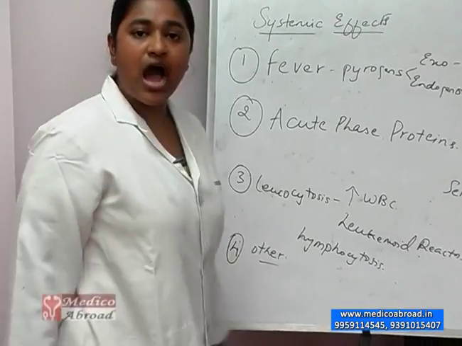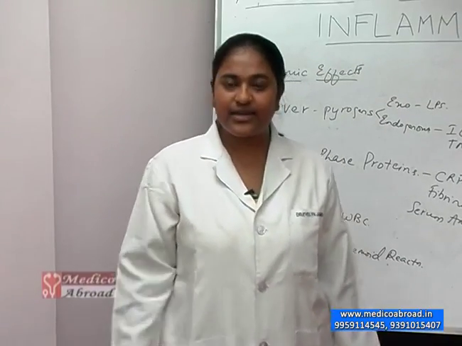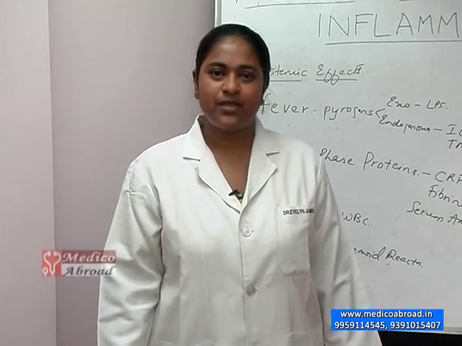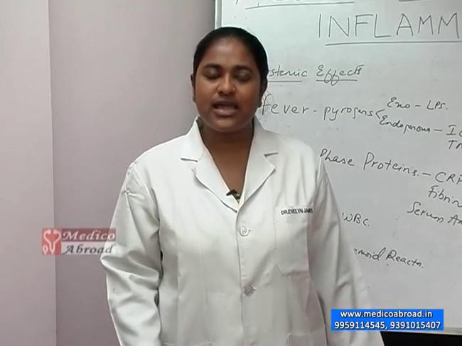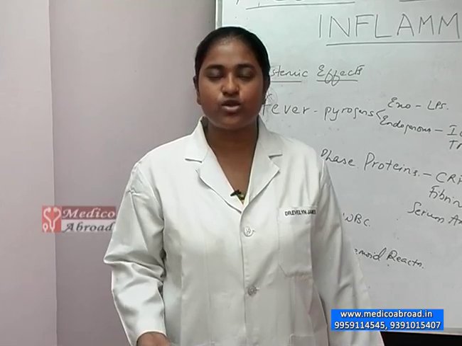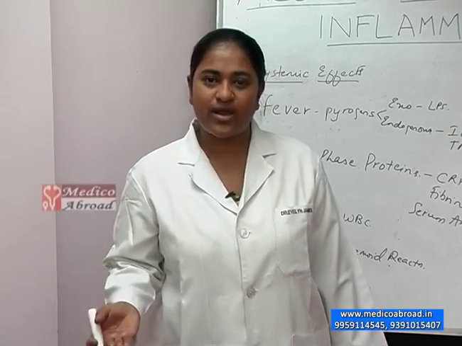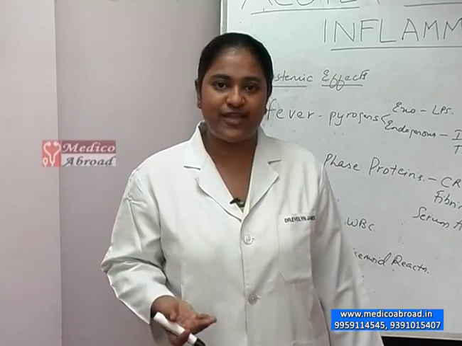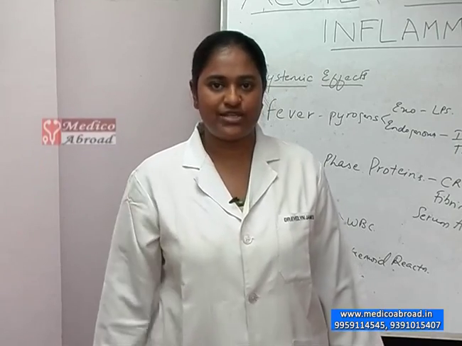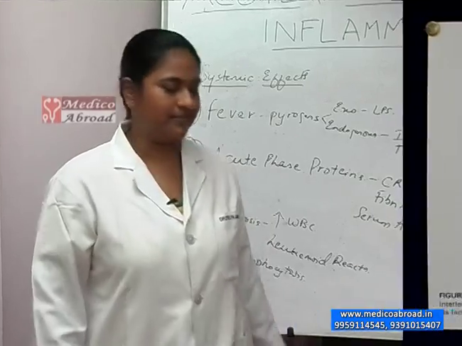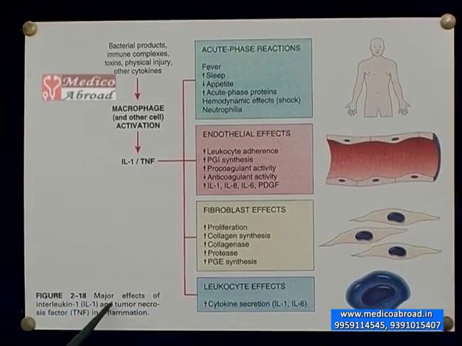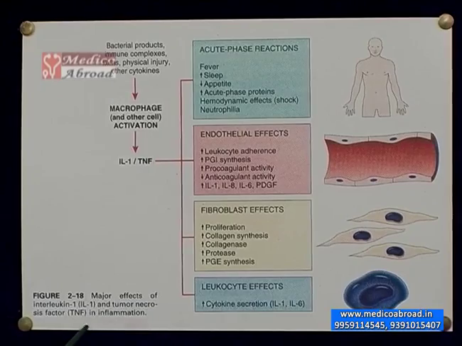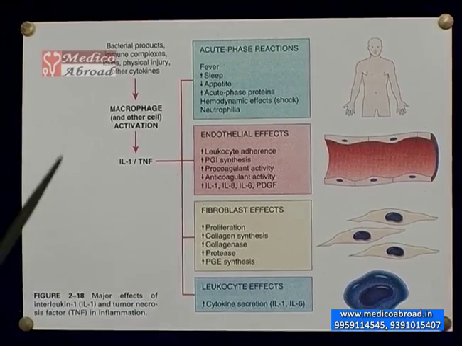For other effects like tachycardia, a rise in BP, you can have somnolence, anorexia, etc. because of the action of interleukin 1 and tumor necrosis factor probably on the brain. All these are systemic effects in acute inflammation. Let's take a look at the chart. These are the major effects of interleukin 1 and tumor necrosis factor in inflammation.